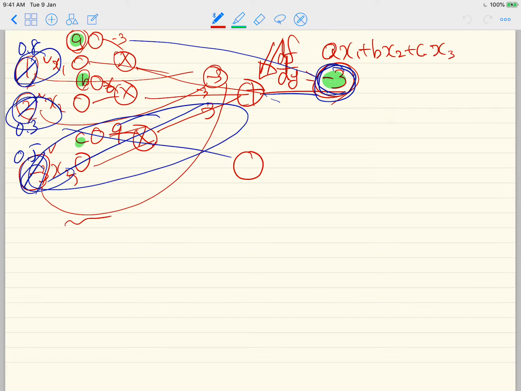Then when doing backpropagation at this ReLU node, if the forward pass had a negative input, the gradient will become 0.